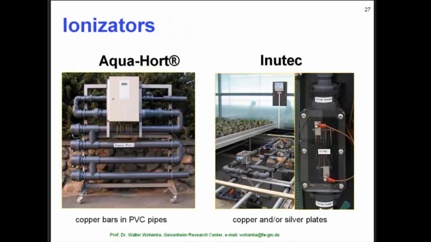Here are some examples of how it looks in practice. Most common is the so-called Aqua Hort ionizator, consisting of PVC pipes with copper electrode bars inside and of course a control panel.